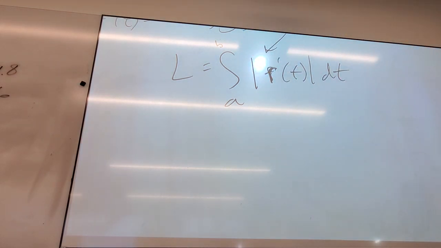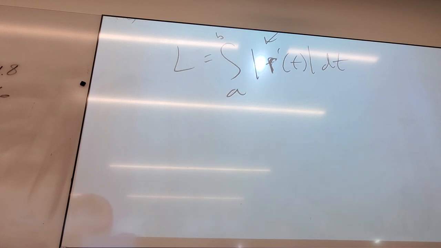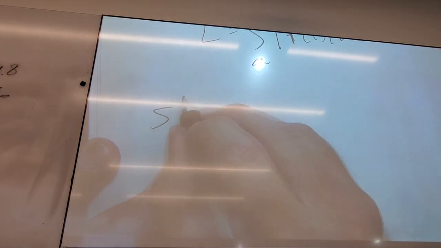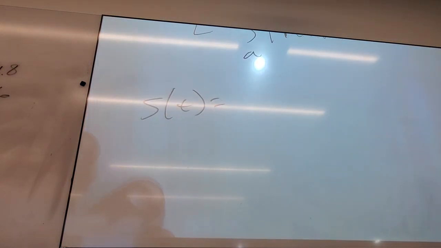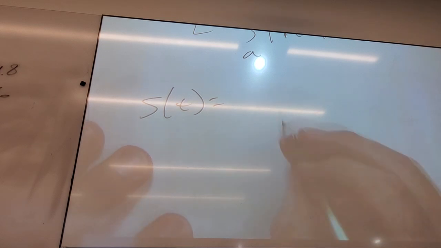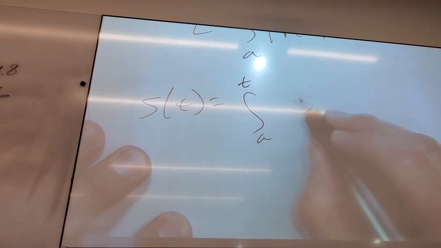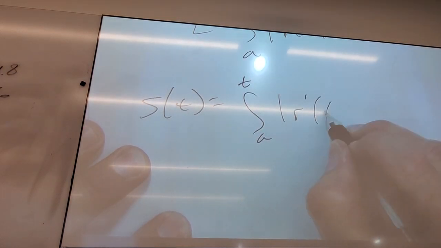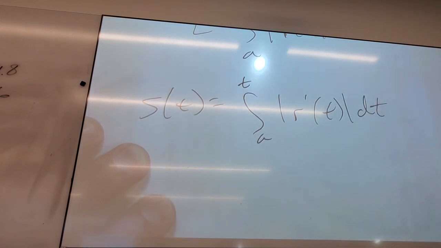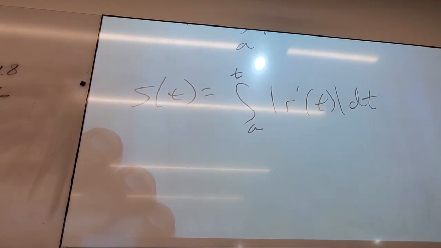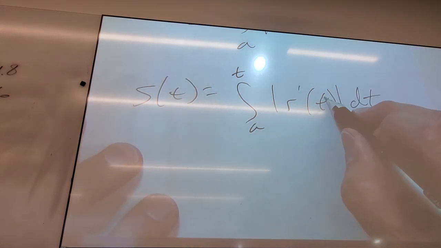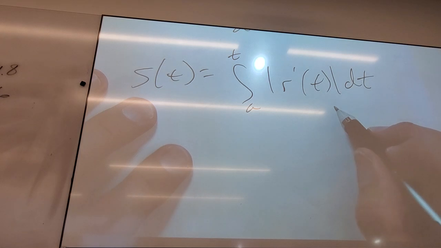Okay. So what I'm going to do is define an arc length function like this. Let me ask you this way, what have I done wrong?